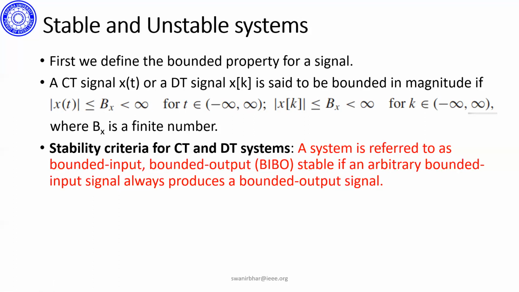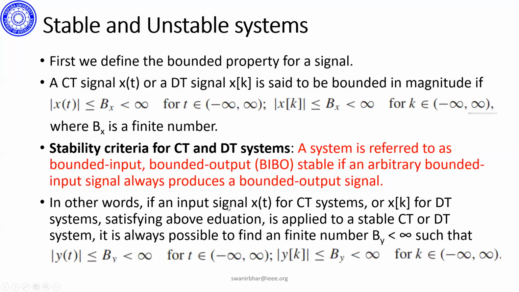So if you have a finite value, instead of infinity being the largest value, if you can define a largest value for the input and a largest value for the output, you consider it to be bounded input and bounded output. So a system that produces bounded output for a bounded input is called BIBO, bounded input bounded output stable. And if it doesn't produce that, it is an unstable system, because either the input is unstable, the output is unstable, or both are unstable.